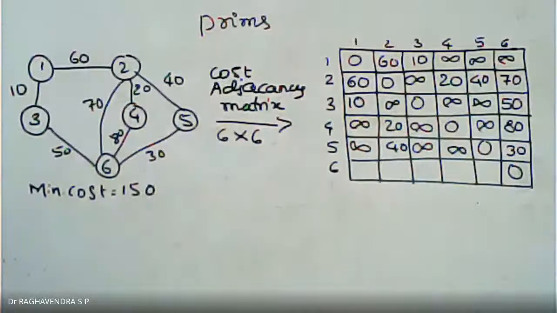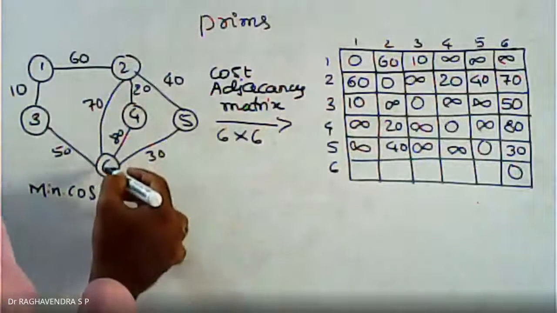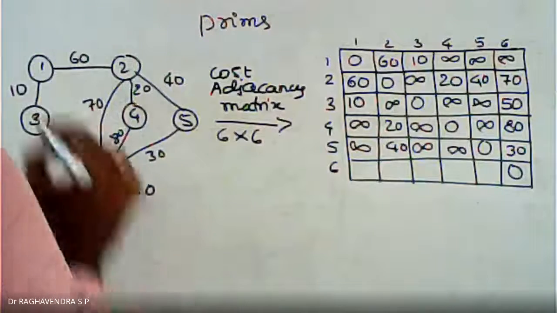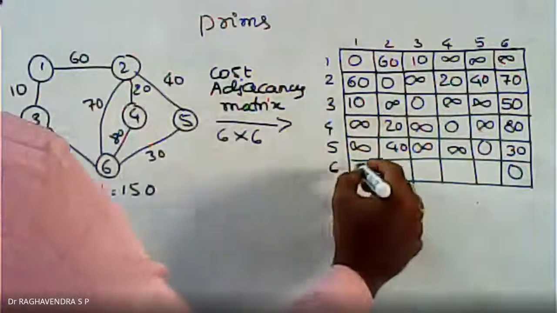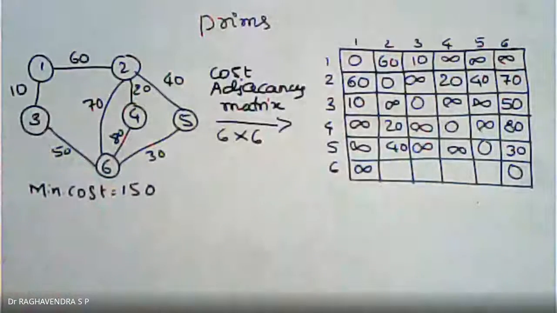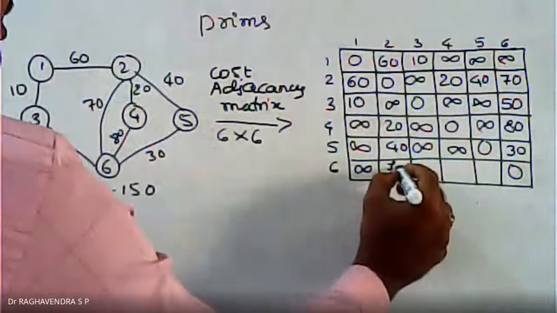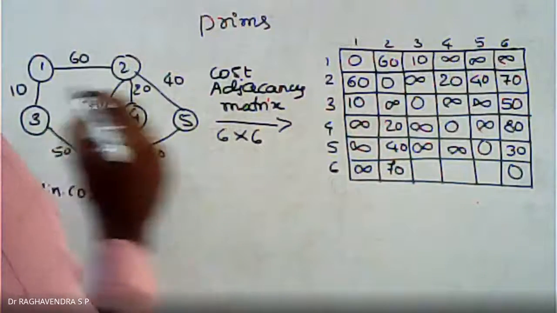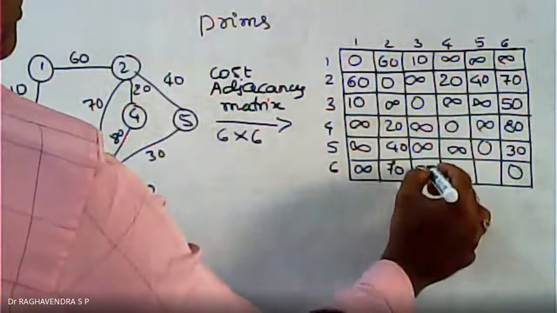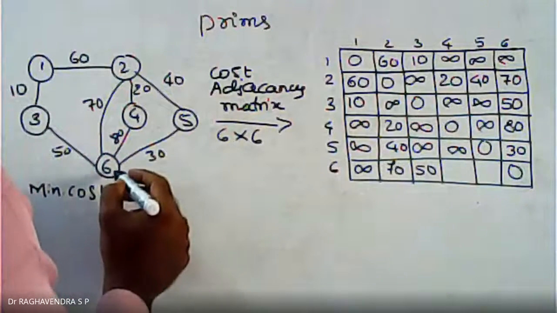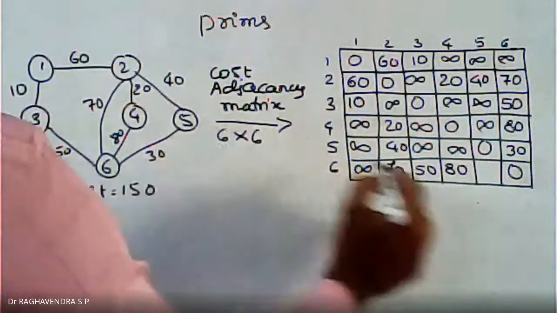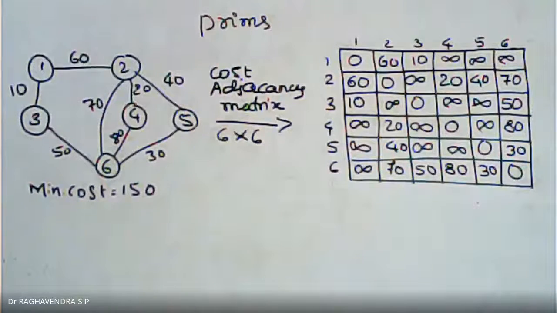Next 6 to 1, infinity. 6 to 2? 70. 6 to 3? 50. 6 to 4? 80. 6 to 5? 30. So this is called a cost adjacency matrix.